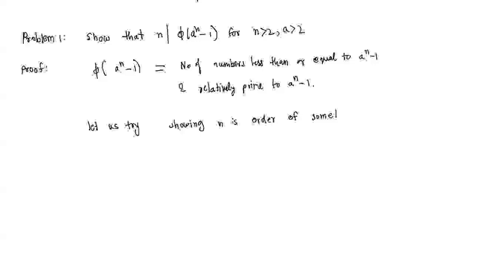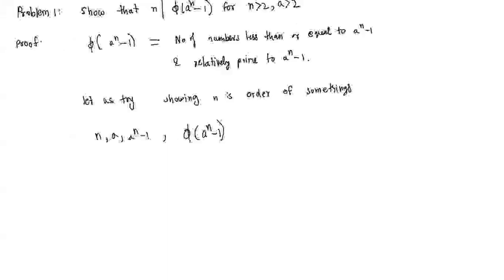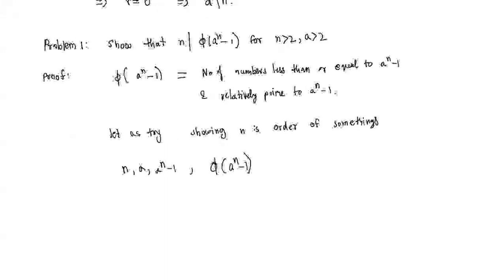But what are the objects given to us? The numbers given to us are n, a to the power n minus 1, and a is also given to us. So can we try to construct an order? Can we take two numbers such that n is the order of the number?